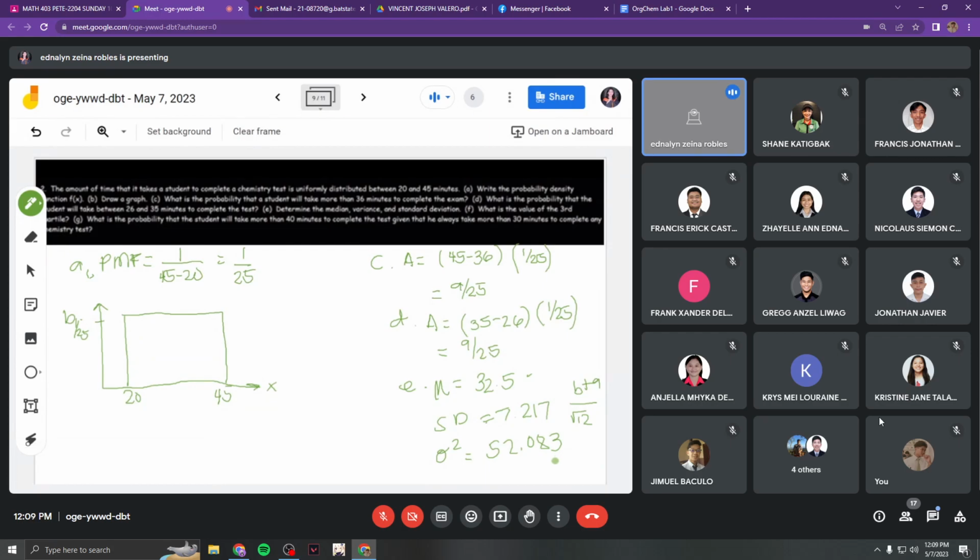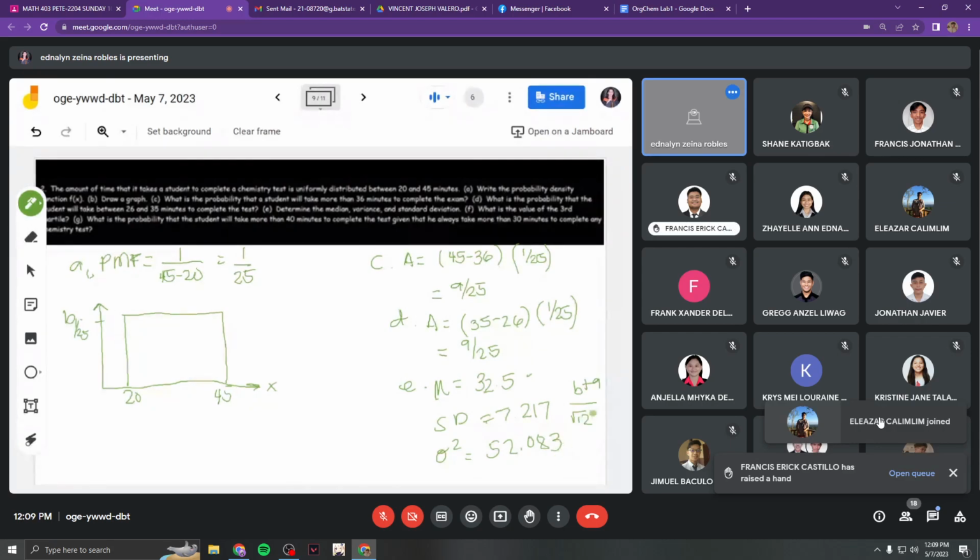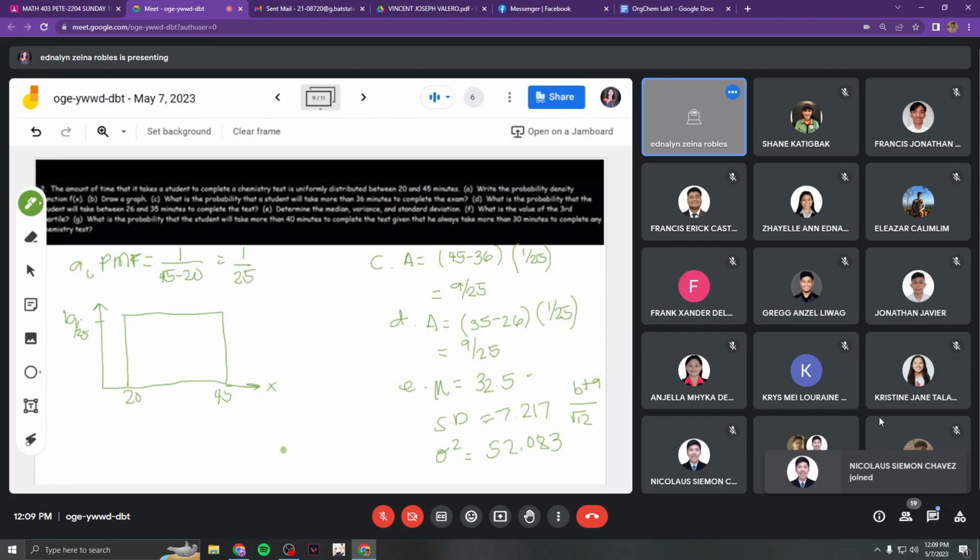So can someone tell me what is the value of the third percentile? Letter F, what is the value of the third percentile? Anyone, just like what we did on the 85th percentile, if you can remember what we did on the 85th percentile?